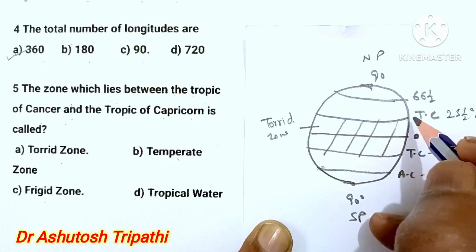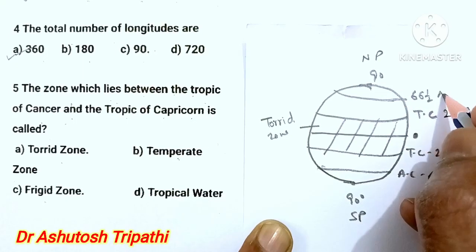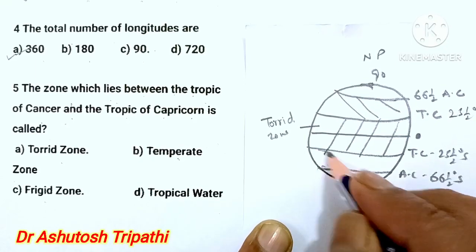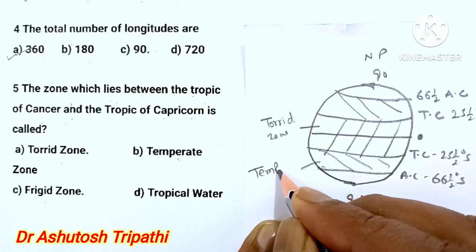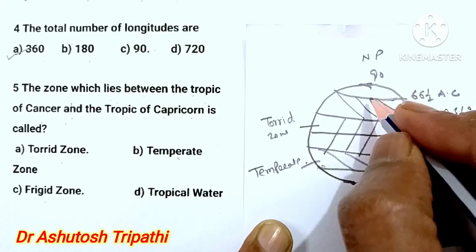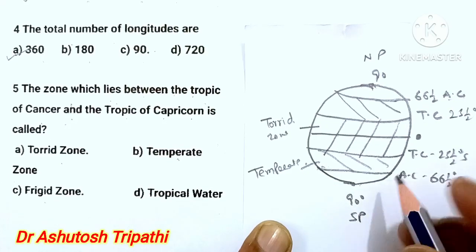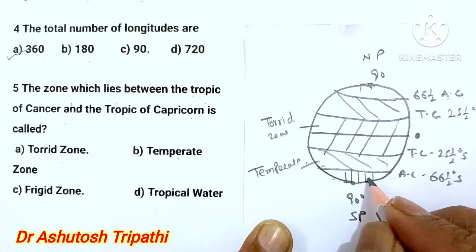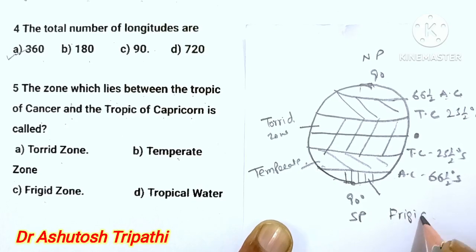The area that lies between the Tropic of Cancer and the Arctic Circle, this one or this one, is known as the temperate zone. And from the Arctic Circle to the North Pole, and from the Antarctic Circle to the South Pole, that area is known as the freeze zone.